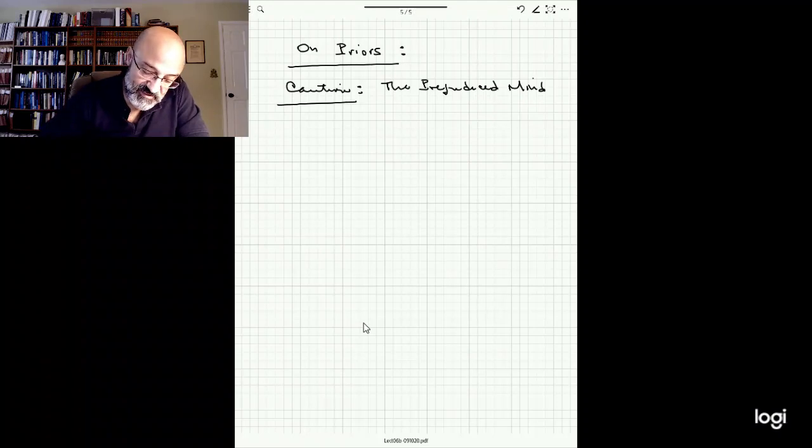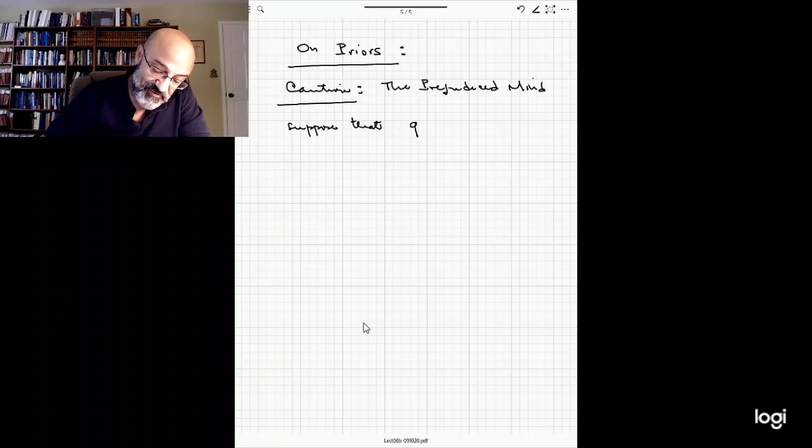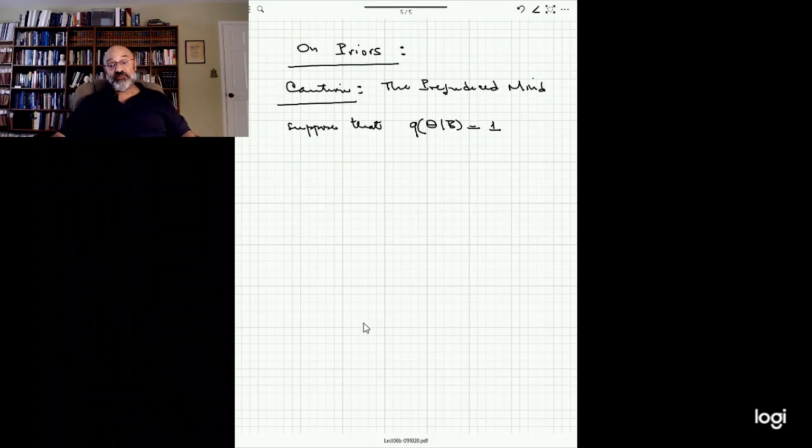Suppose that on the basis of whatever background information you have, the probability of theta, given any background information that you might have, happens to be 1. Suppose you are convinced that theta is true.